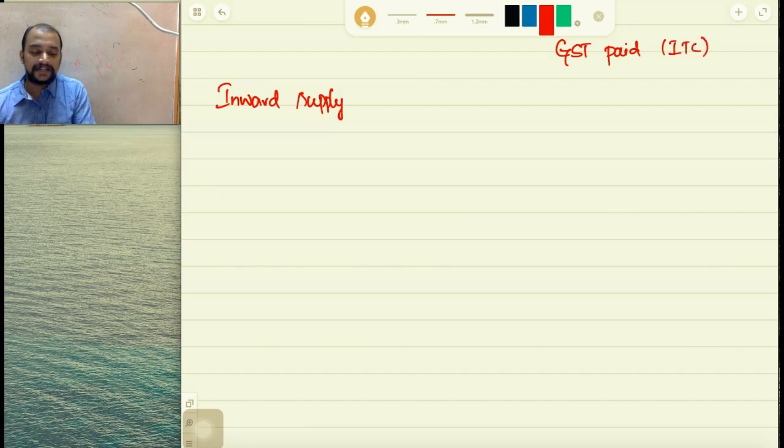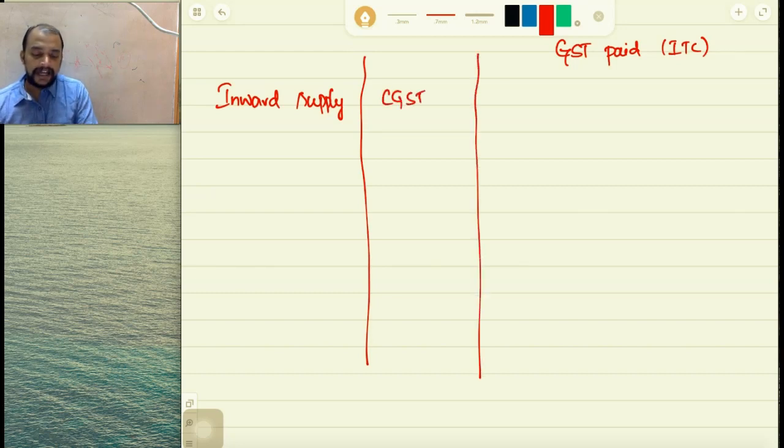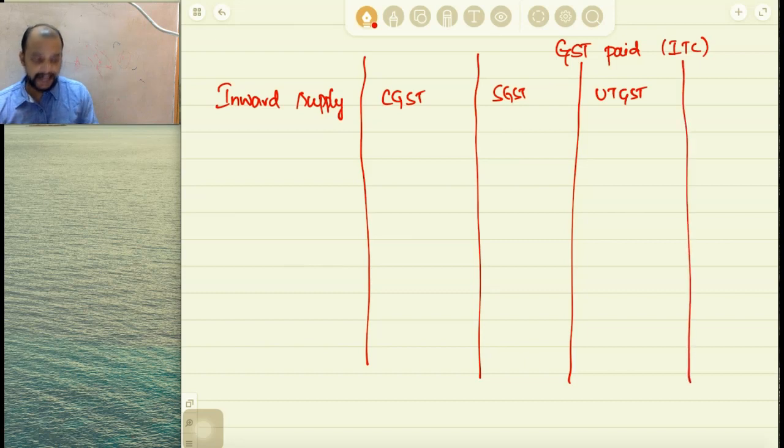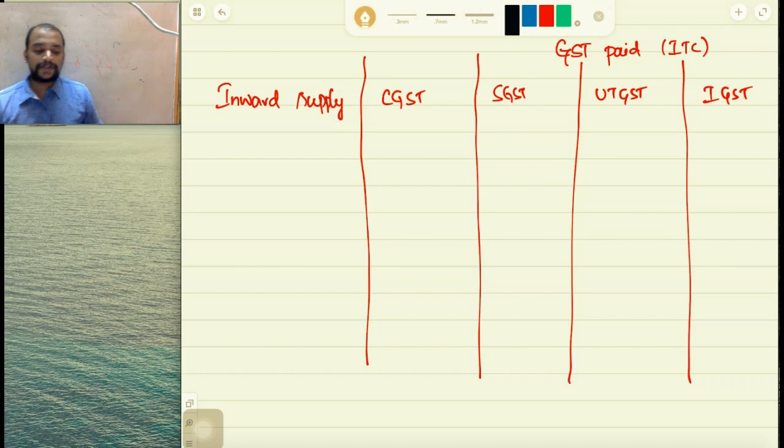And what GSTs that we can pay? We can pay CGST, then we can pay SGST or UTGST. So let me take this as separate item, that is UTGST, and then IGST. So this is with respect to GST paid on inward supply, which is called as ITC.